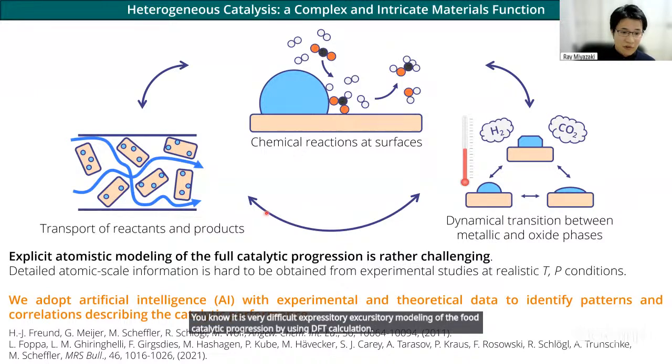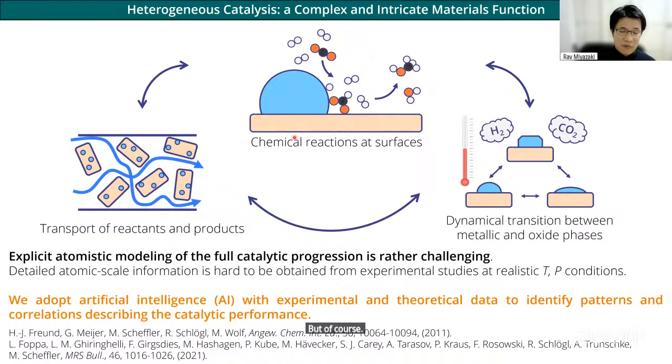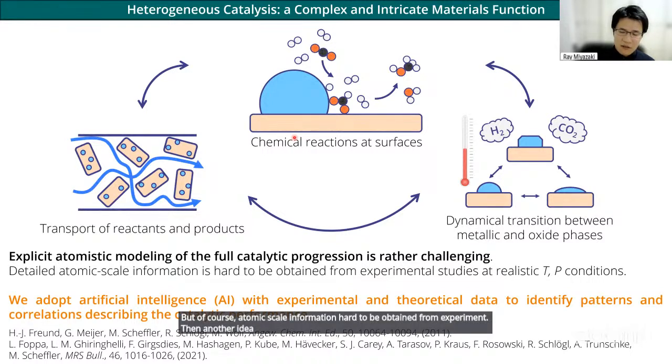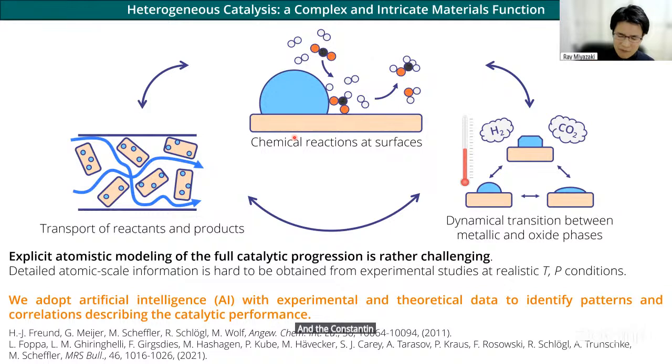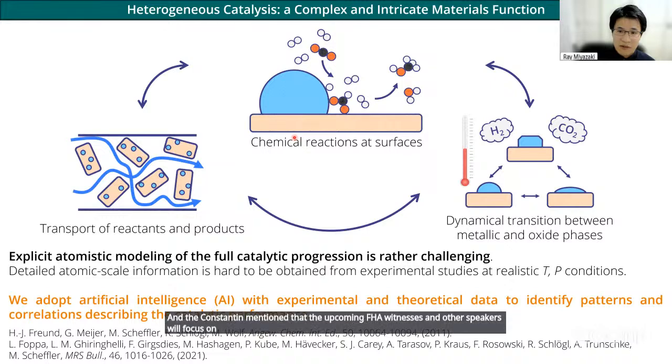But of course, atomic scale information is hard to obtain from experiment. Then another application of DFT is that we can integrate DFT data with experimental data by using AI. But the time is limited, and today's main focus is DFT. Konstantin mentioned that in the upcoming FHI webinars, other speakers will focus on AI applications with FHI-aims.